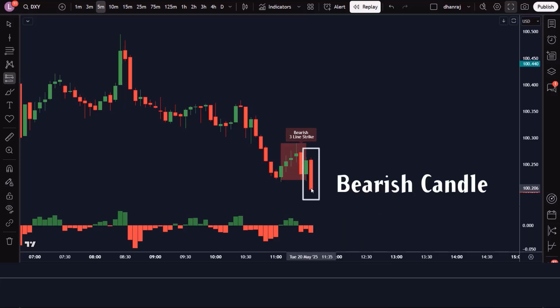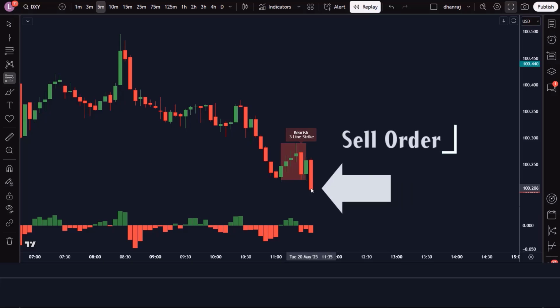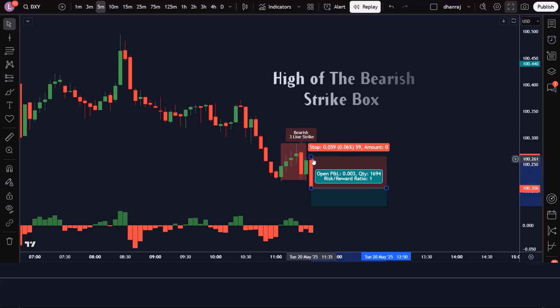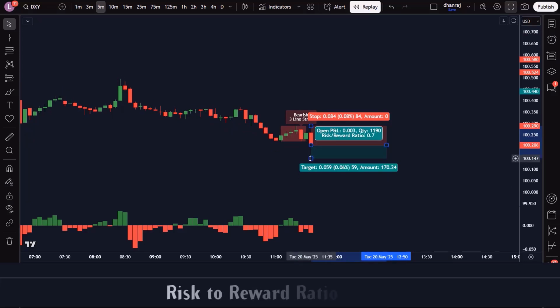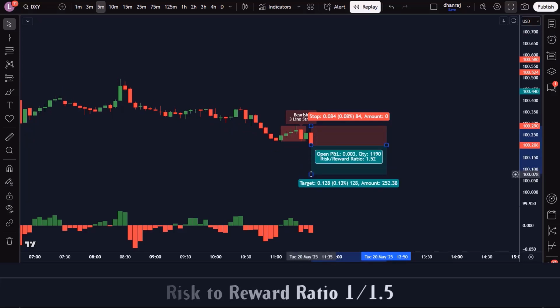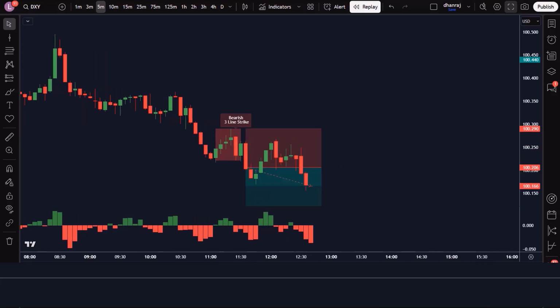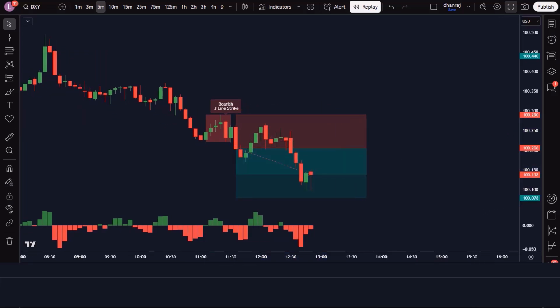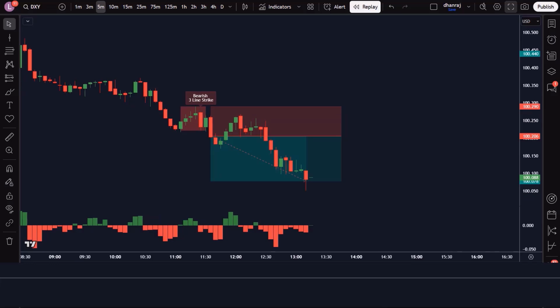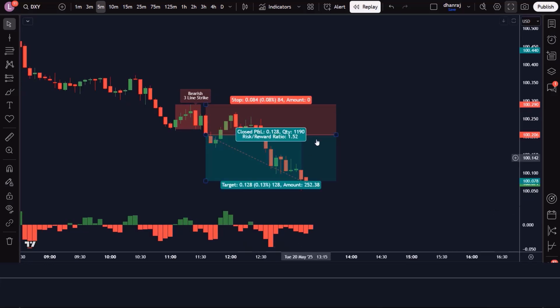Here the market has made a bearish candle to give confirmation. So all our conditions are being fulfilled, so we are placing an order to sell. Our stop loss is to be placed at the high of the bearish strike box, and the risk to reward ratio will be 1:1.5. Let's see what happens to our trade. We have won this trade. Let's find the next trade.